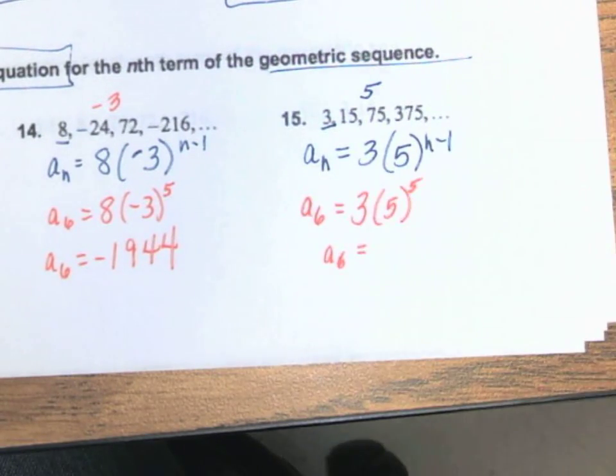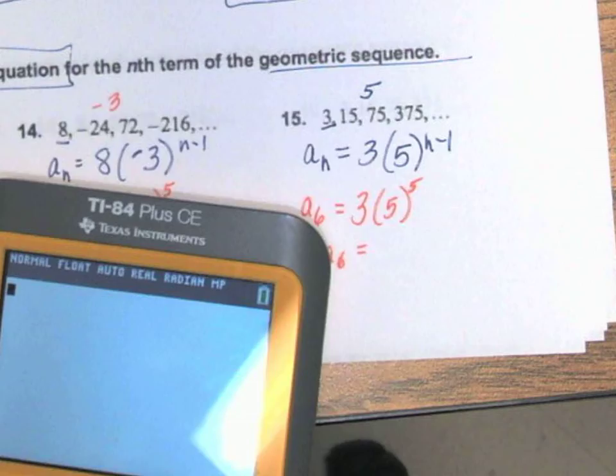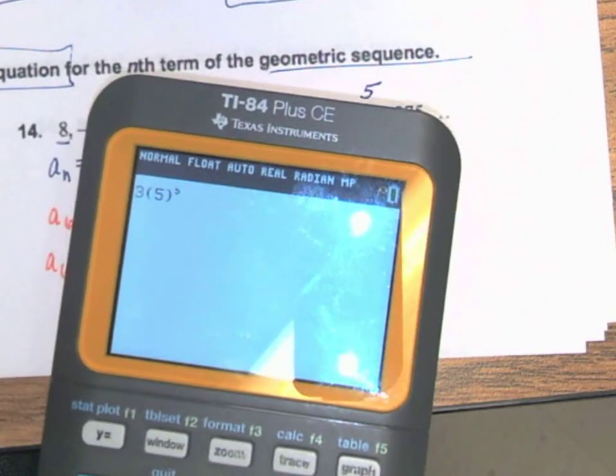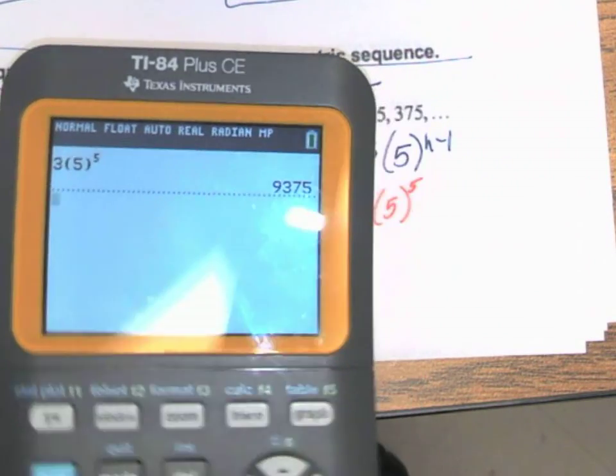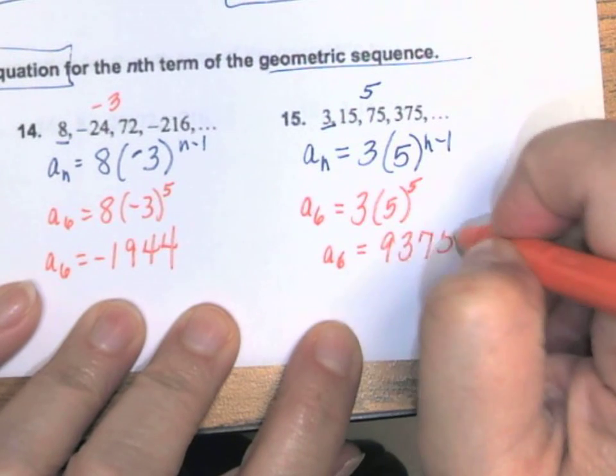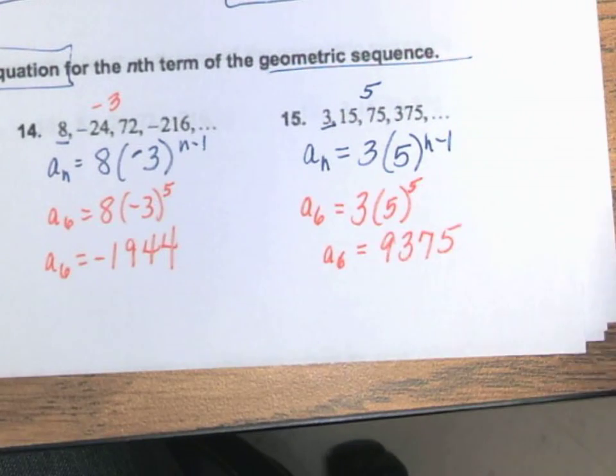So what does a sub 6 equal? We're going to go 3 times 5 to the 5th power. And we get 9,375. Because it's exponential, and remember, exponential gets really big really quickly. So this is geometric sequences.